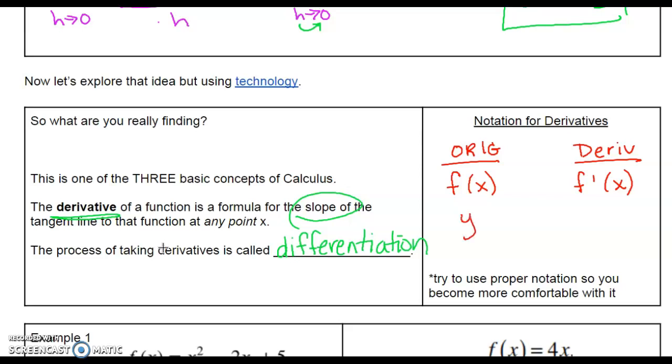If you're given y, we call it y prime. And then sometimes you might be given y, and our derivative will be d over dx. So it means take the derivative of the function with respect to the x variable. And then the last one that we see the most is if we have y or f of x, we might see it written as dy over dx. And so that means take the derivative of the y function with respect to the x variable. All right, so these are just notations.